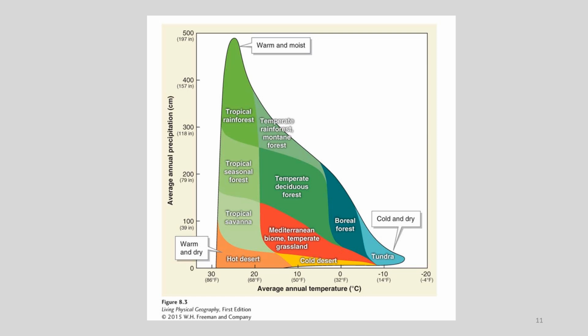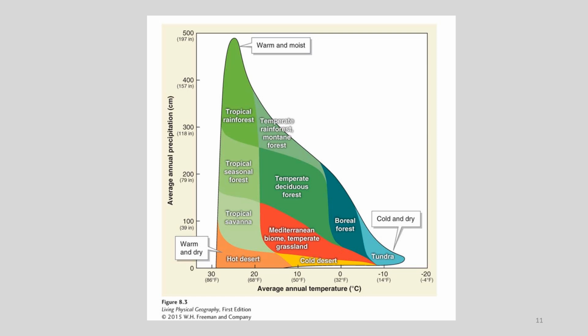So if you work from left to right, you would go from 30 degrees to 20 degrees. Just a range. The same thing is going on with the y-axis, only this time we're looking at precipitation. The way this works is you find your biome, and you can look down at the temperature and over at the precipitation to get different ranges for that biome.